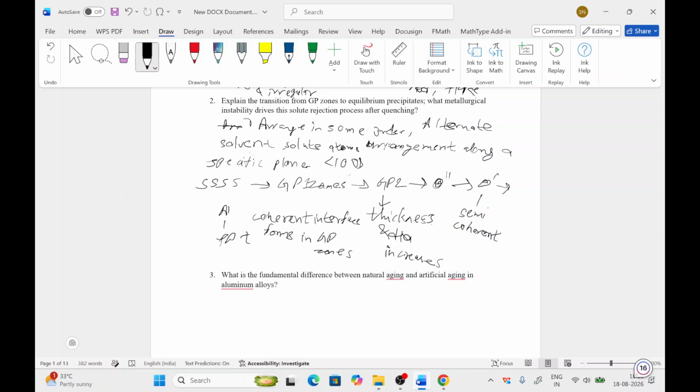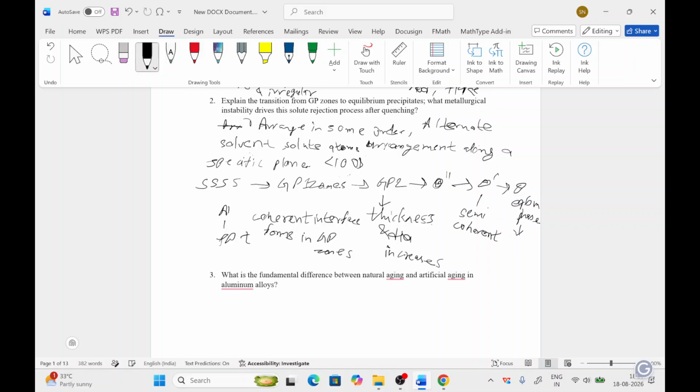And after theta prime, when it further coarsens, the equilibrium phase, which is theta, is formed with time.